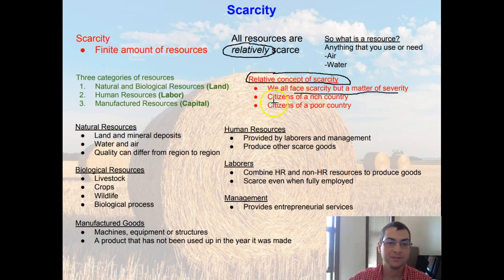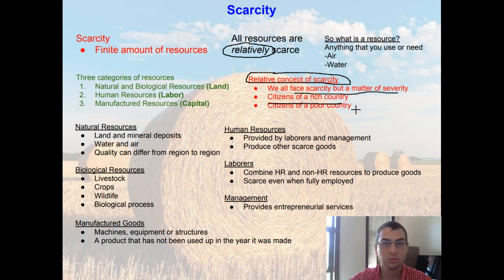So think about this. In the United States, we're citizens of a relatively rich country. And whenever we want fresh food, or fresh water, or clean air, we just get it. We just go to the store and we buy the fresh food that we want, given our budgetary constraints. Or if we want clean water, we just go to a water fountain and drink clean water.